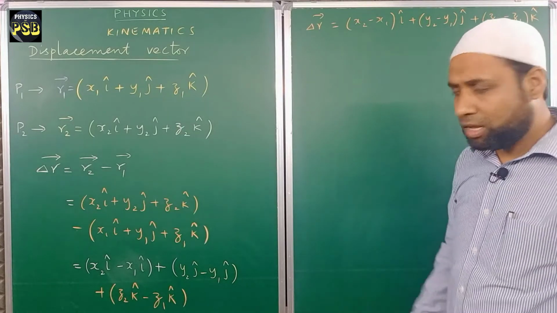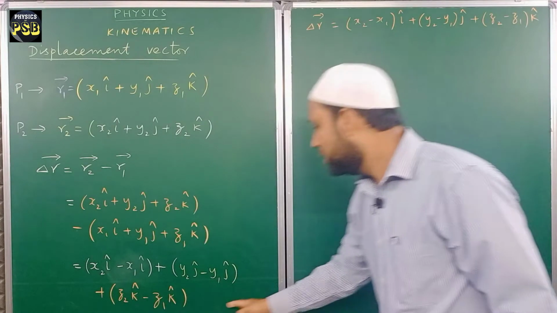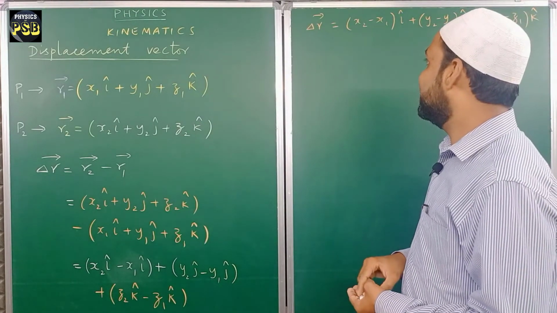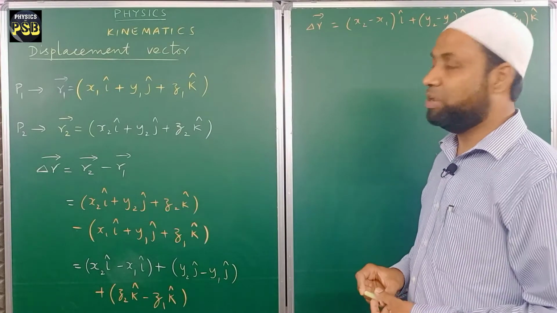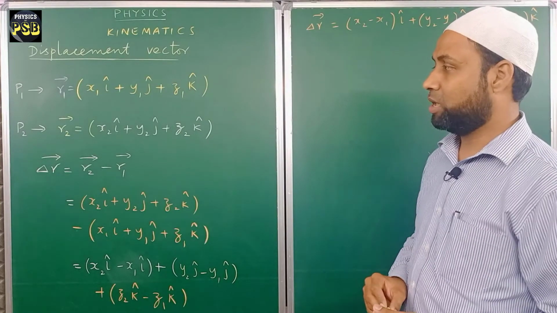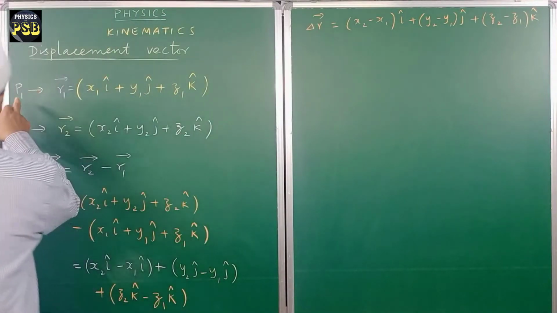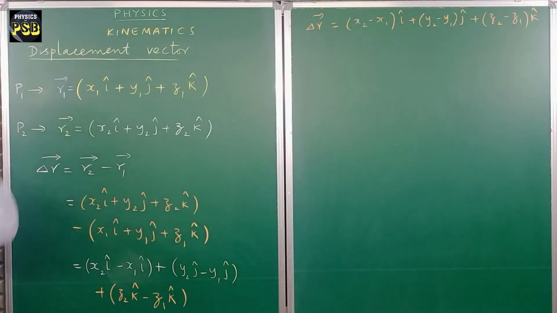So this is how we write this equation. Clear? What is obtained here is nothing but the displacement vector of an object when it moves from position P1 to position P2.